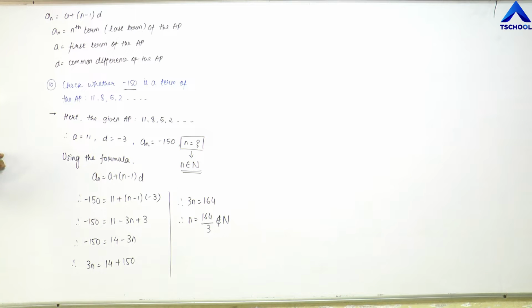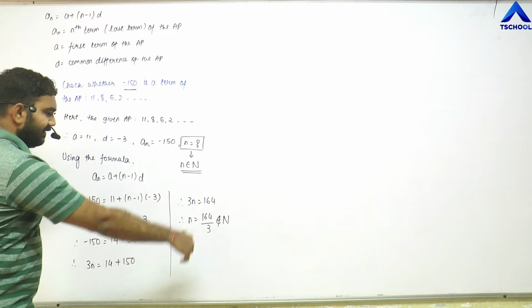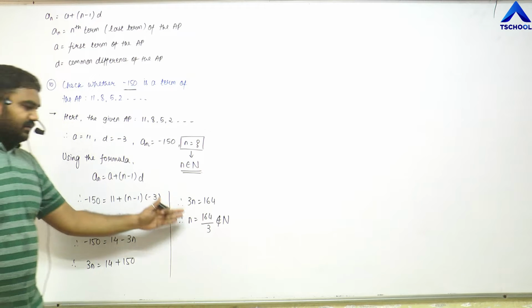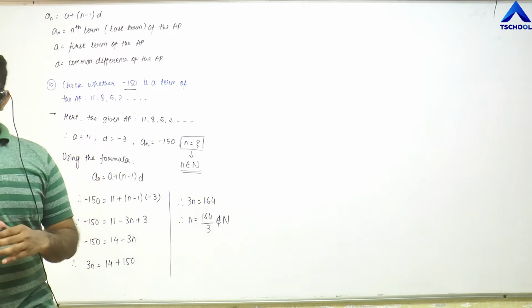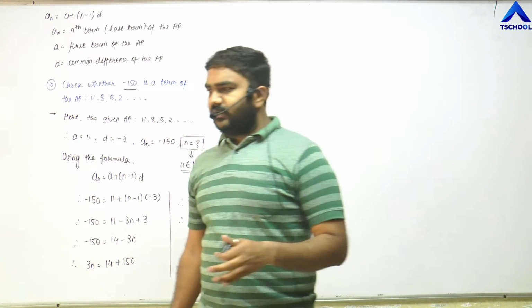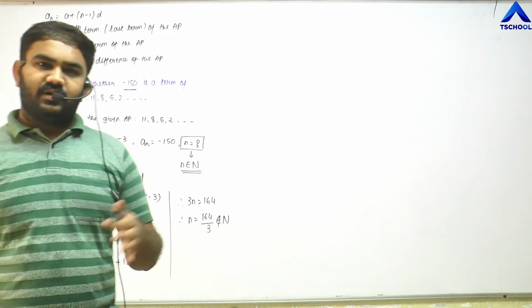because you cannot cancel out 164 by 3. That is not possible. That will give you 54.66. If you divide this number, it will become a decimal number, because this is a rational number, and division of a rational number will give either a terminating decimal, a non-terminating repeating decimal, or a non-terminating non-repeating decimal.